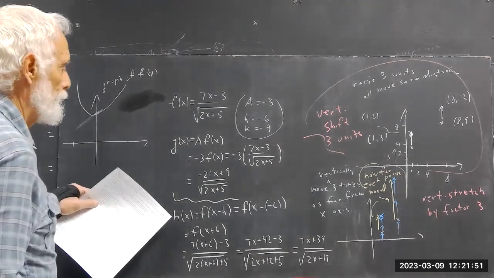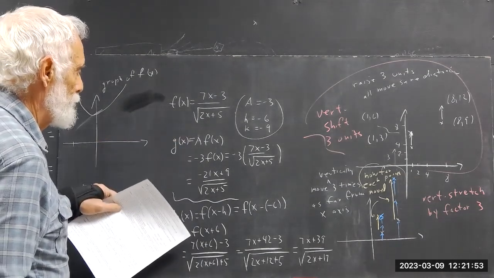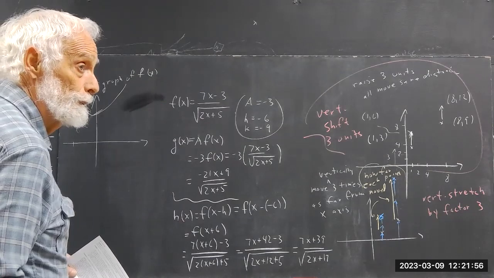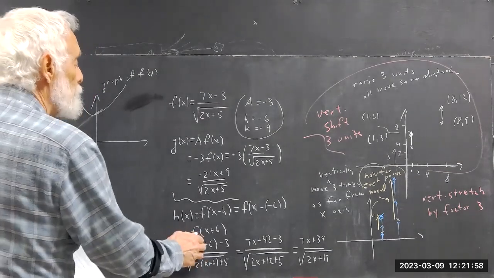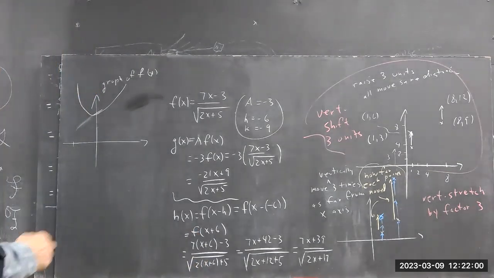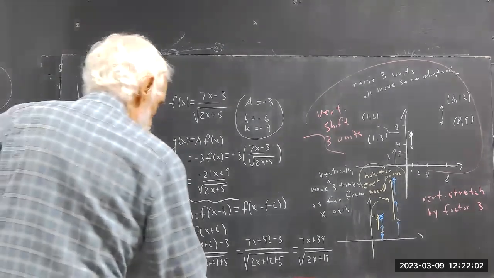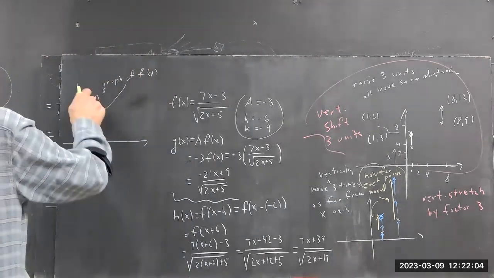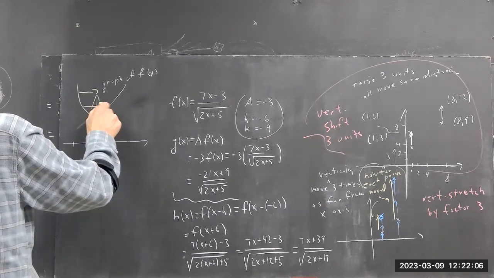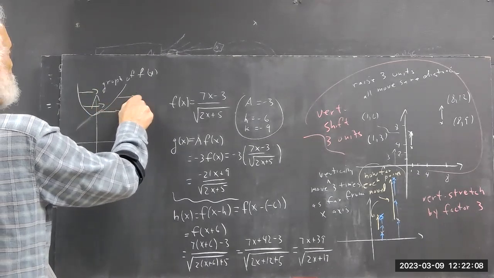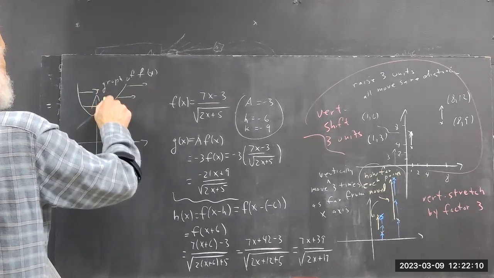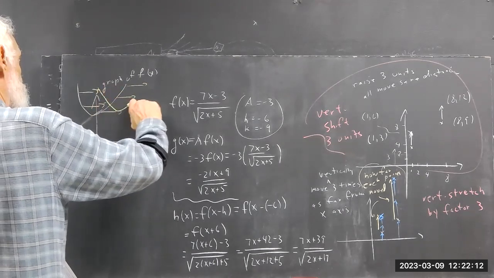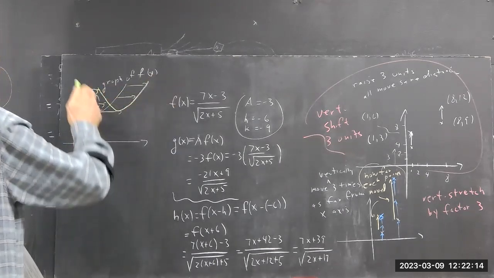So the point now is f of x minus -6, f of x plus 6, shifts this graph 6 units to the right. Time to label that. I think we are out of time.